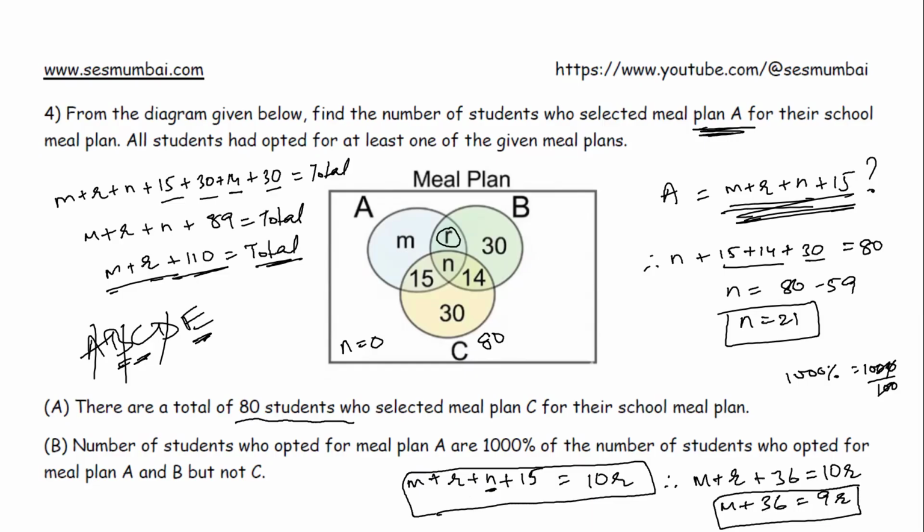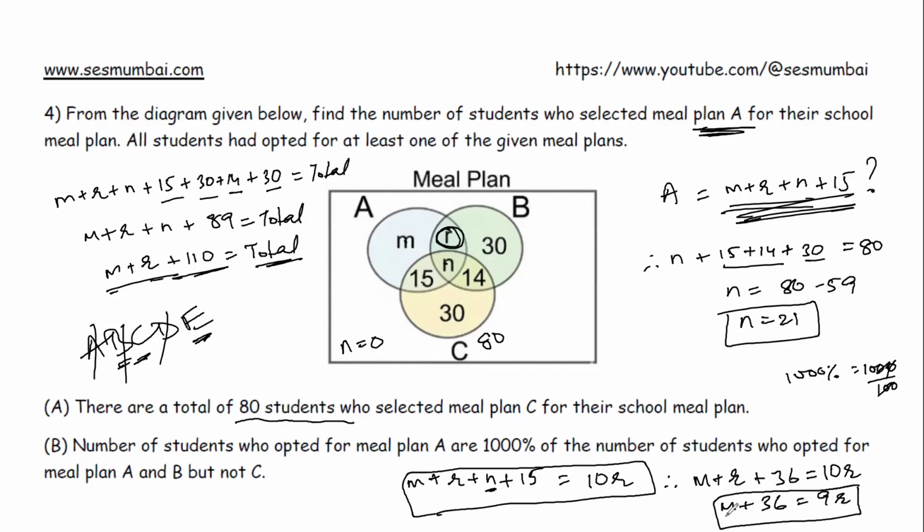We're yet not getting R and M. Even when we take both statements together, we only know that this entire A is 10 times this R, which leaves M plus N plus 15 as 9R, right?